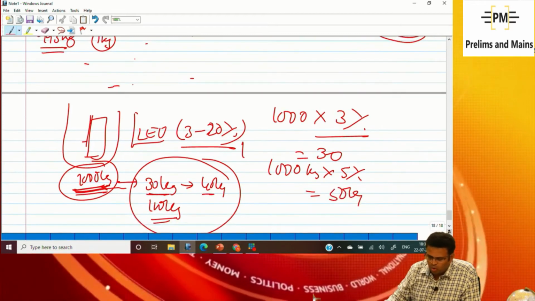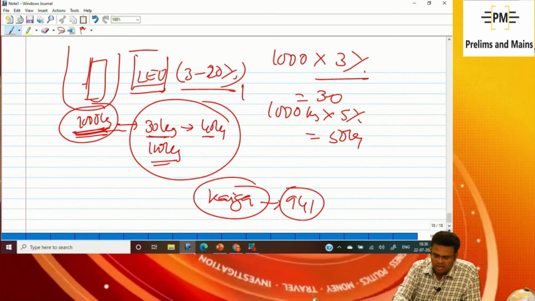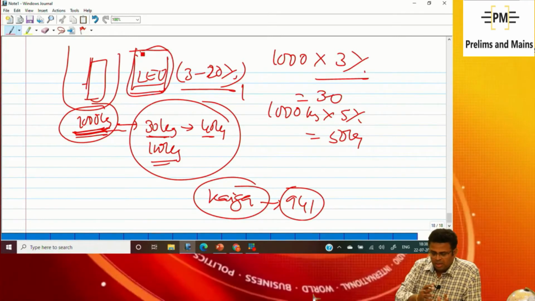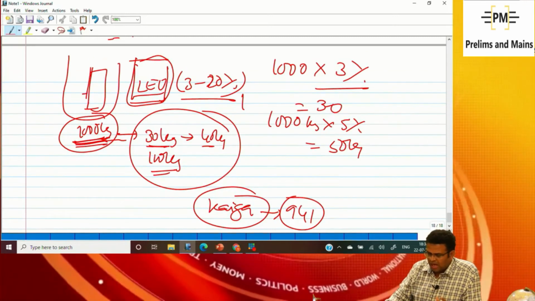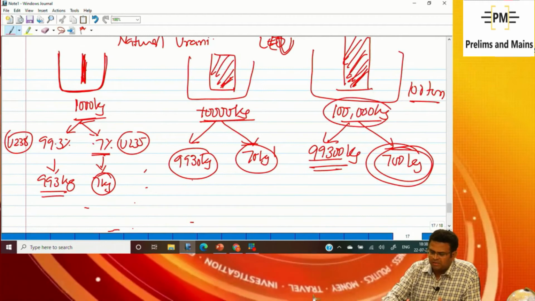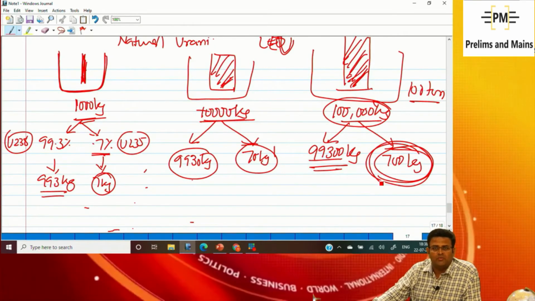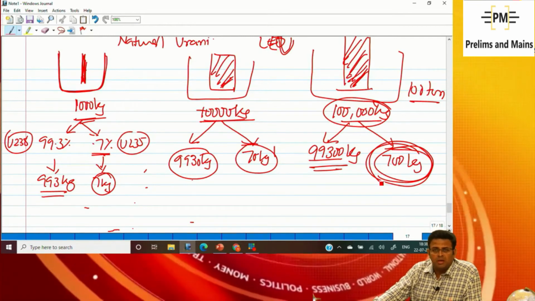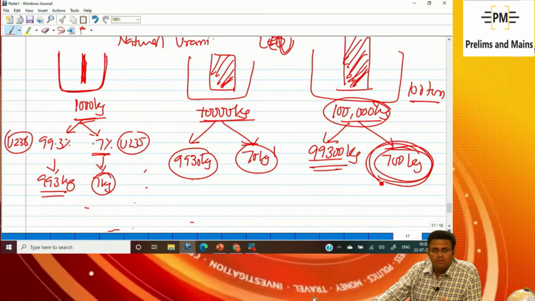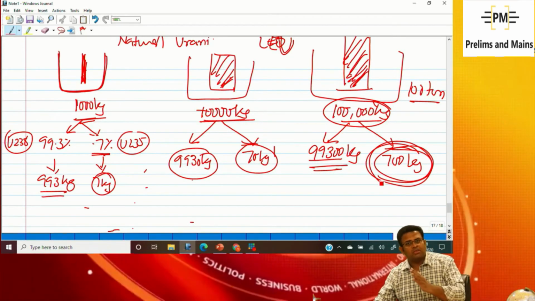And we import low enriched uranium from other countries. It will be better to put a large amount of natural uranium, 1 lakh kg, which automatically gives 700 kg of uranium-235, and even 200-300 kg of pure uranium-235 will suffice to start the reaction.